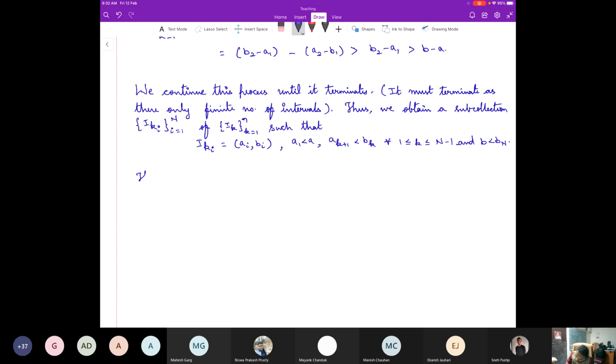Thus, summation over k of length of Ik is bigger than or equal to summation 1 to capital N of length of I_{k_i}, which is equal to summation 1 to N of b_i minus a_i.